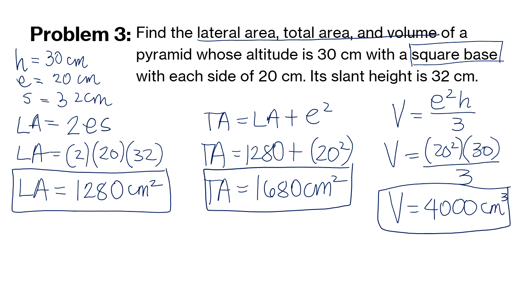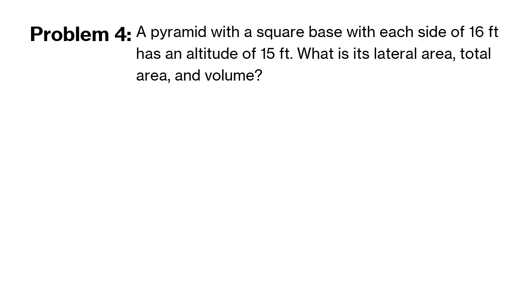So, for problem number 3, lateral area is 1,280 square centimeters, total area is 1,680 square centimeters, and volume is 4,000 cubic centimeters. Now, let's try a problem where in a square pyramid, there is no given slant height.